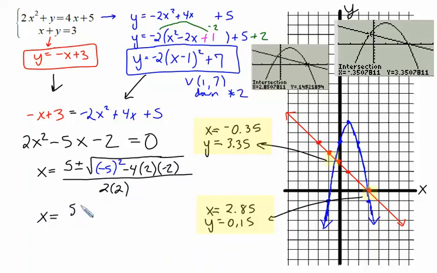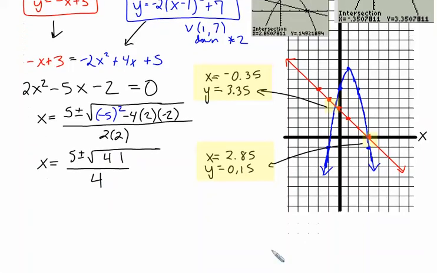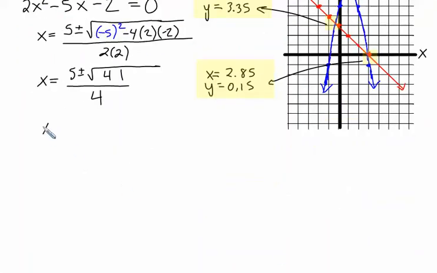So we will simplify. Inside of our square root, we get 25 plus 16. 25 plus 16, I believe, is 41 all over 4. Now we do want to continue to simplify this. So we are going to split it into two separate items.